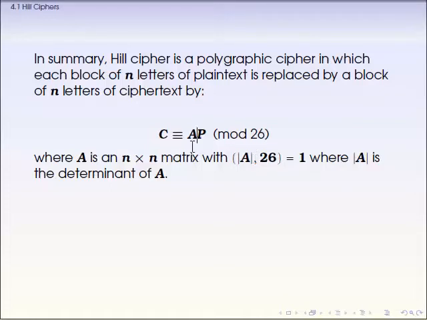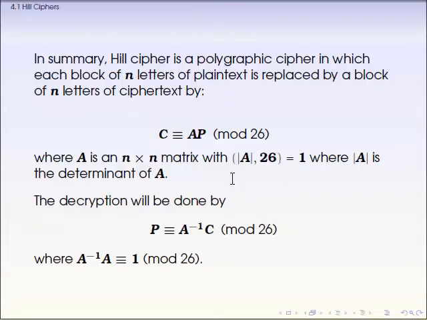Because if it's not, then you are not going to have the inverse matrix of it. Please check and review the matrix; just look at any linear algebra book, and you can find that one. Because of this condition, we can guarantee there is an inverse matrix like that, so it's going to be very easy to get the plain text from the ciphertext.